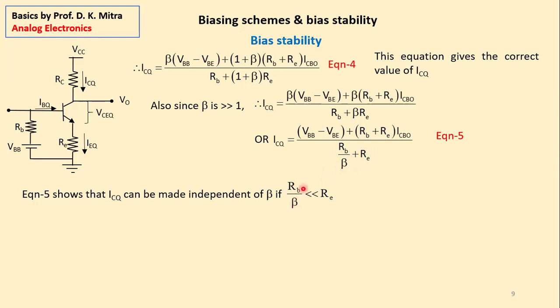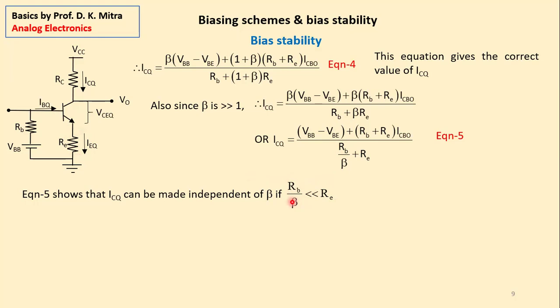That is why we have derived this equation. So the beta, or amplification factor of the transistor, will not matter from one transistor to another, if we can satisfy this relation. That is a very crucial outcome, right? You should remember this. Emitter resistance RE should be much more than RB by beta.